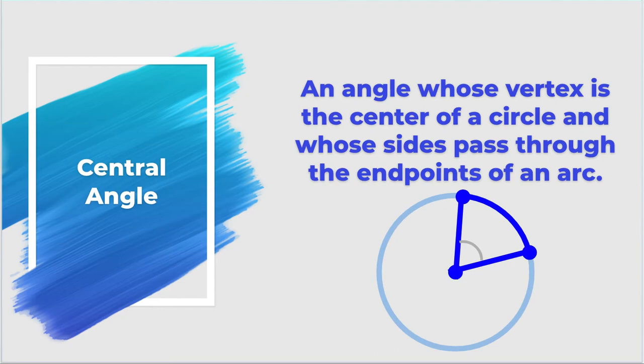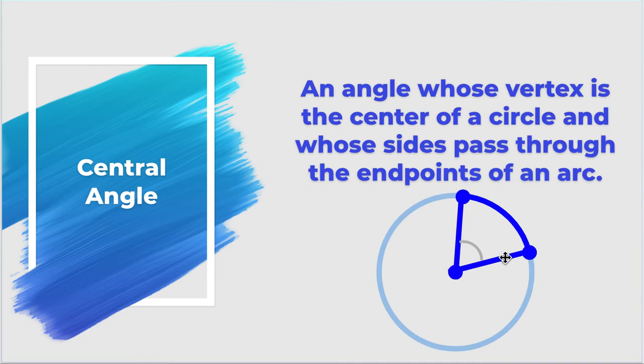Now we're going to get into our last two terms before we start reviewing. So we have our central angle. A central angle is an angle whose vertex, meaning that point at the corner of the angle, is the center of a circle, and whose sides pass through the endpoints of an arc.